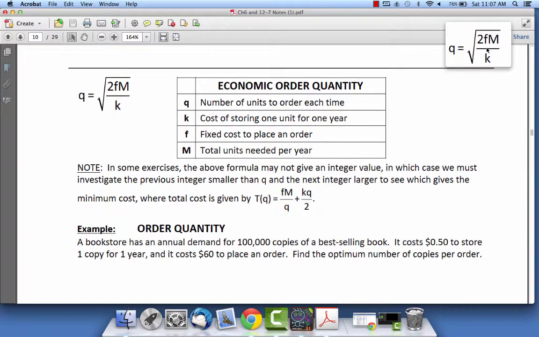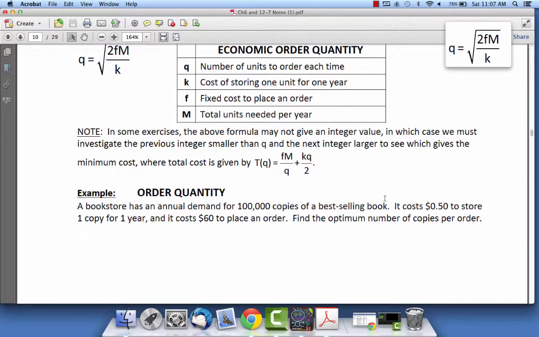Okay, so now we have a new question. Before, in those two, we got an integer value. If we don't get an integer value, then we need to get the next lowest integer smaller than Q. So if we get 24.3 units, then we make it 24.